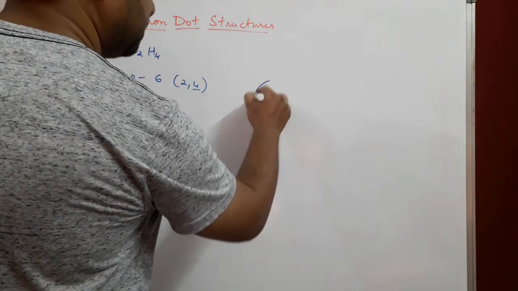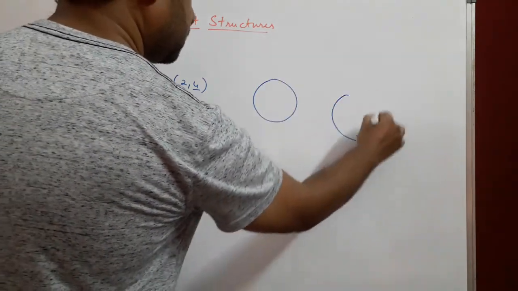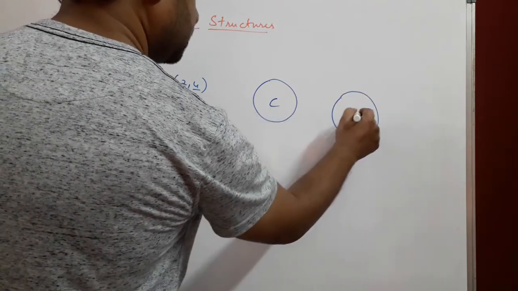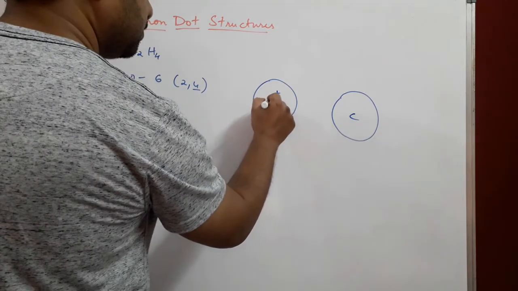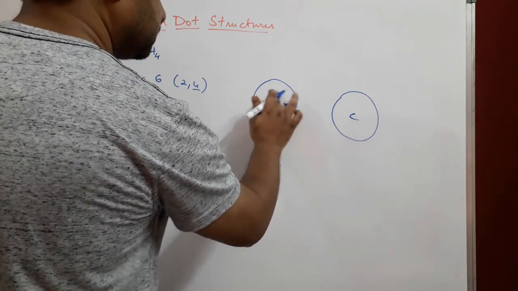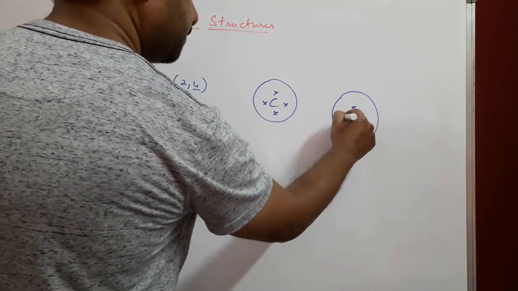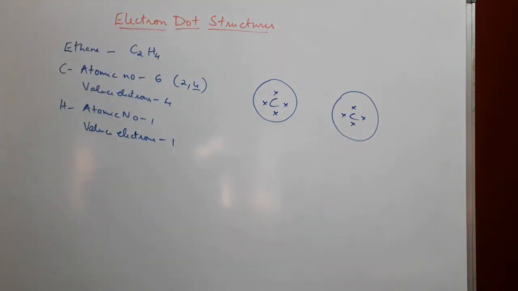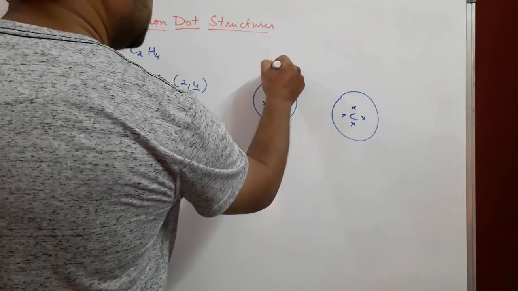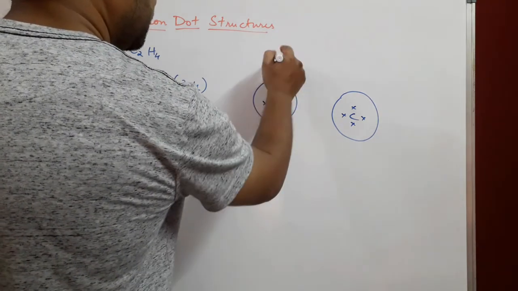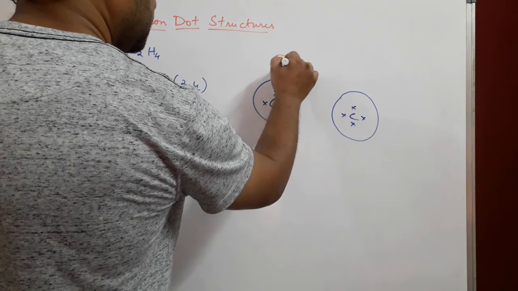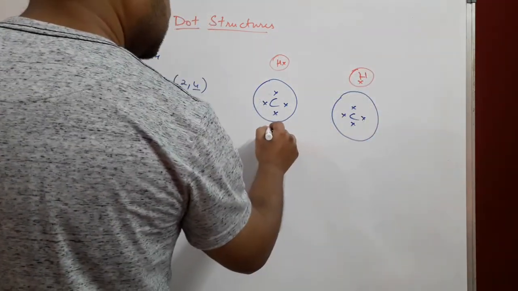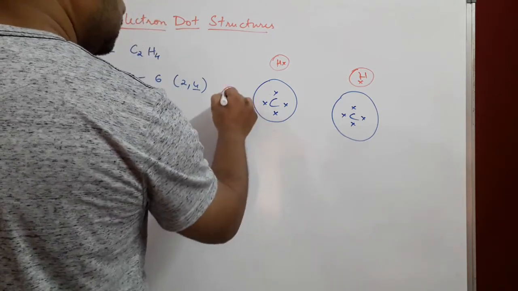So we have 2 carbon atoms, and each one has 4 valence electrons like this, and we have only 4 hydrogen atoms having 1 electron each, right here.